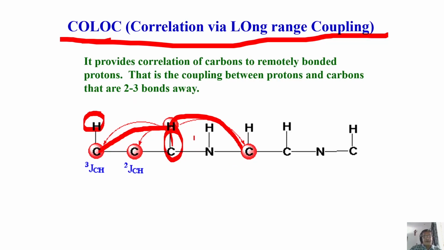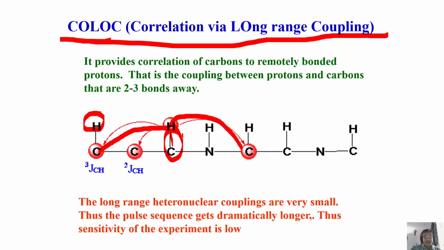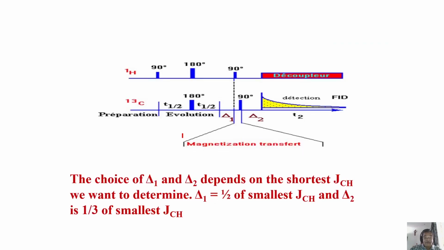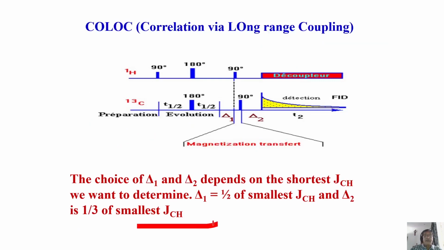Of course, you may ask me a question: what happened to 1-bond coupling? We can efficiently suppress that while doing the experiment, okay? But it is a very low sensitivity experiment in this case, so it is not easy to do. So COLOC, this is the pulse sequence, and you can understand this is a very nice experiment. You can go back and see it is similar to your HETCOR experiment.